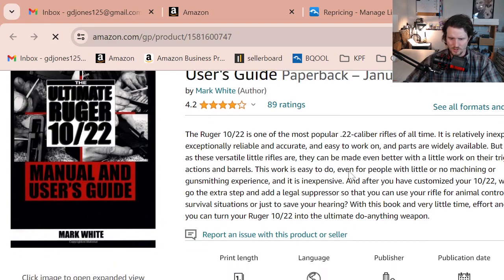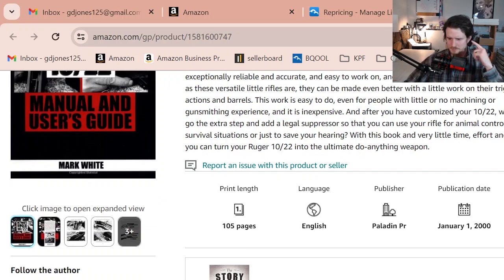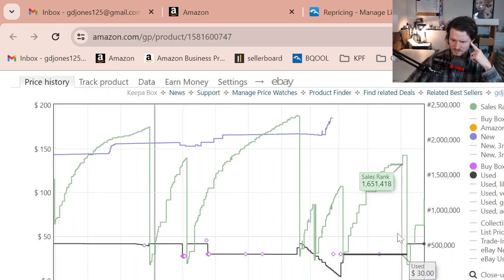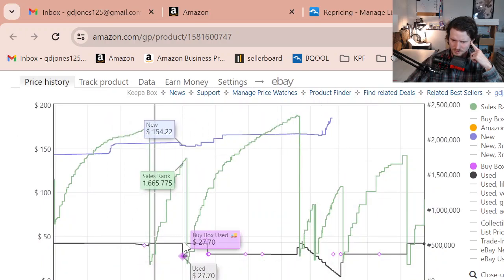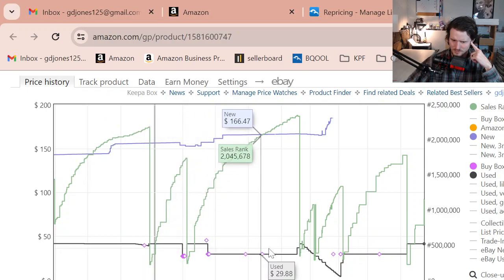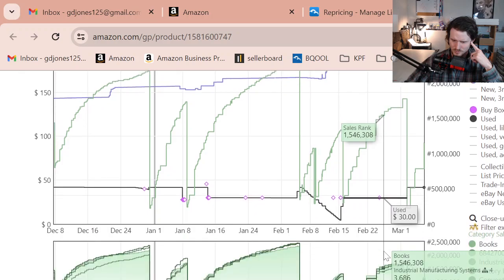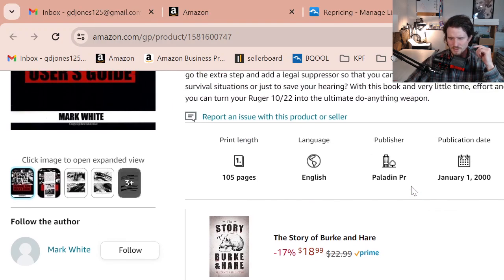The Ultimate Ruger. Let's see here. 36. 41. 27. 37. 41. 42.